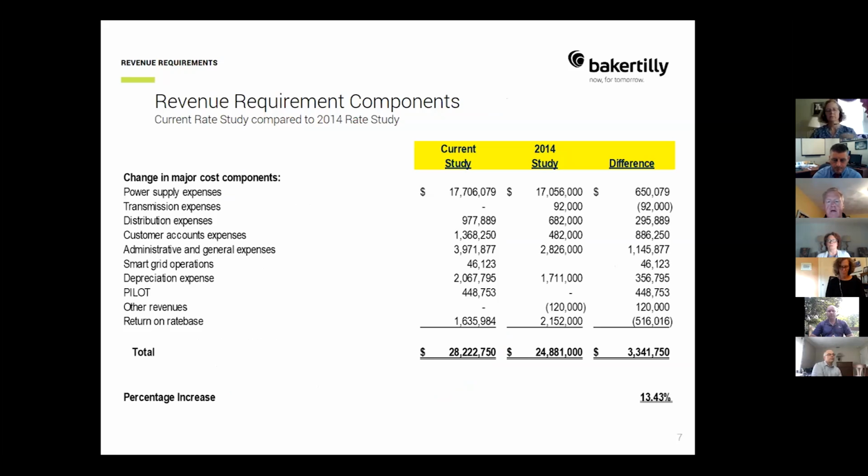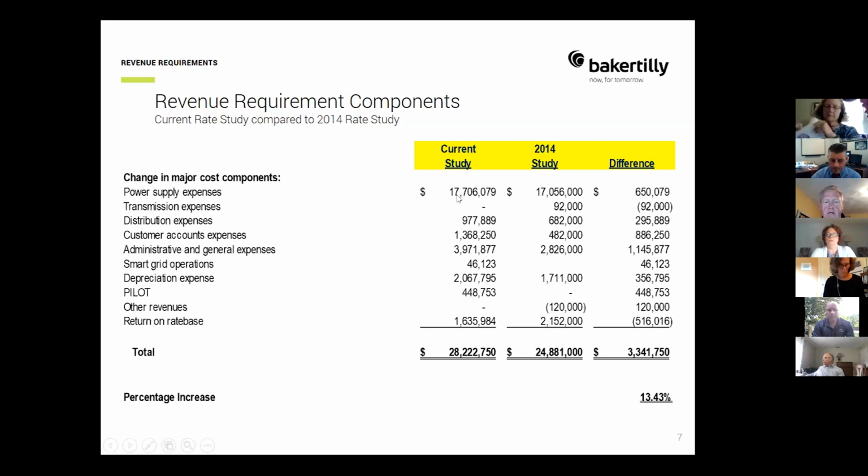And when we look at the revenue requirement components, one thing we like to do is, what has changed between now and your last study? So your last study was done in 2014. And down the left-hand side of this slide are all the various components of your revenue requirement that you saw in the previous graph that we had here.